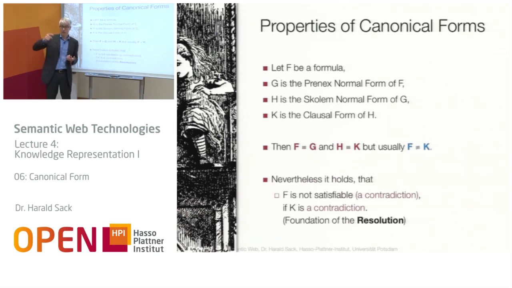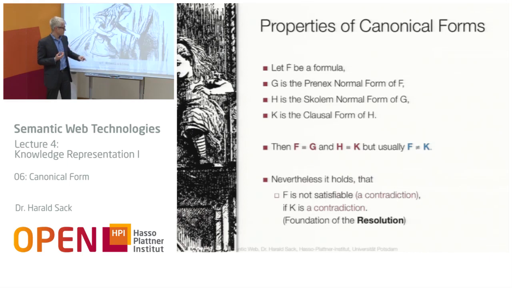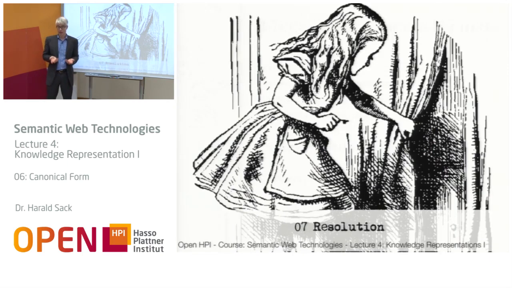So the contradiction is maintained through this transformation. And this is the basis or the foundation of the so-called resolution. Resolution is a method that we will learn about in the next section of the lecture. It is an automated method that enables us to prove that a knowledge base is correct.